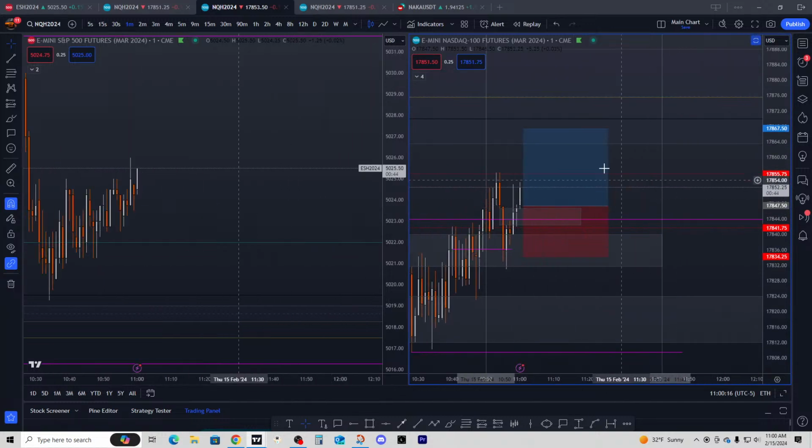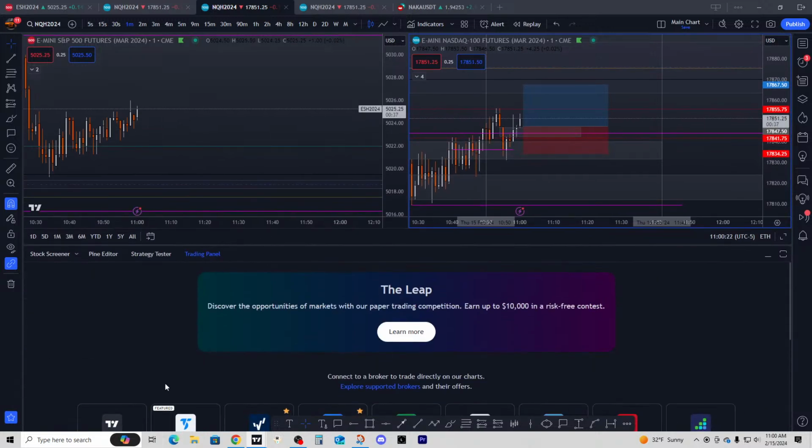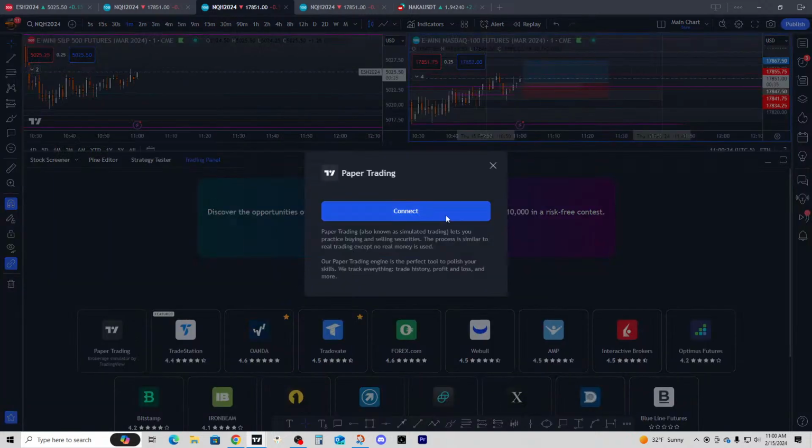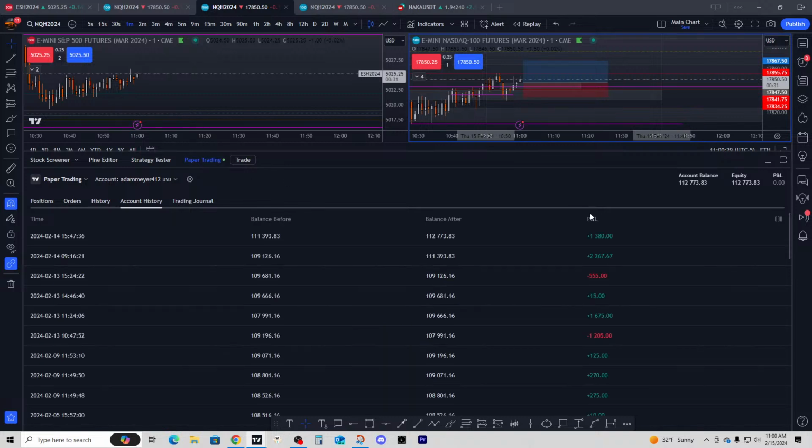There we go. Starting to move. I could log into a paper trading account. I could take some paper trades, but we'll see. Still nothing even.